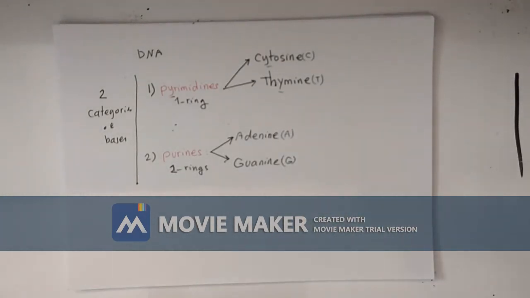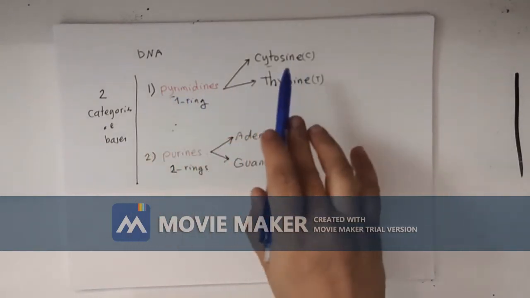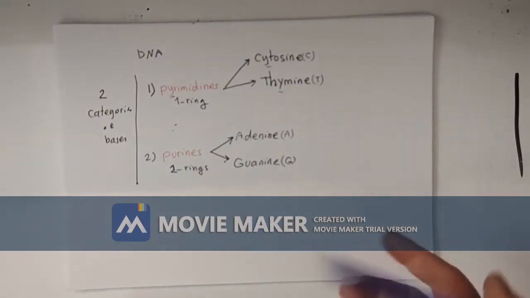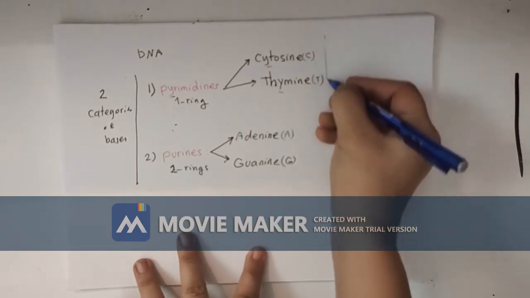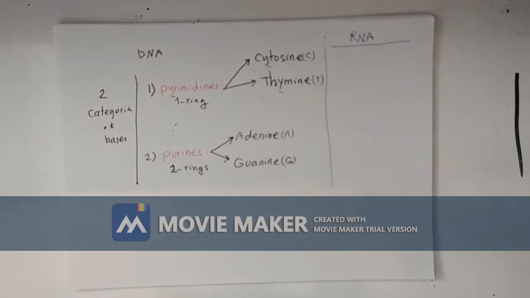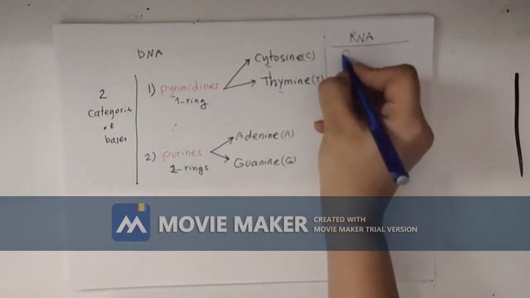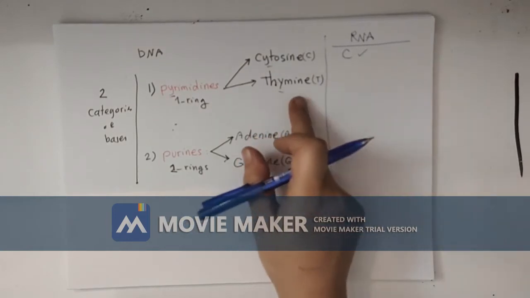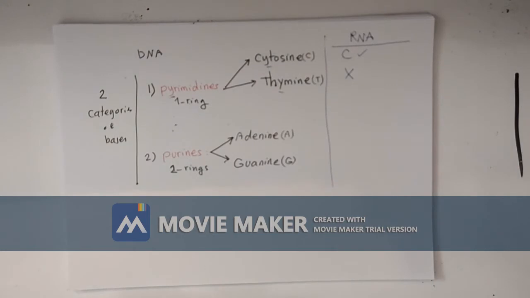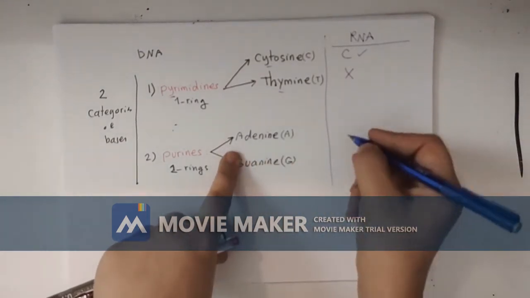Now, the difference between the structure of the DNA and RNA is this: in DNA we have cytosine, thymine, adenine, and guanine, but in the RNA structure, the bases, we have cytosine. Do we have thymine? No, we don't. Do we have adenine? Yes.